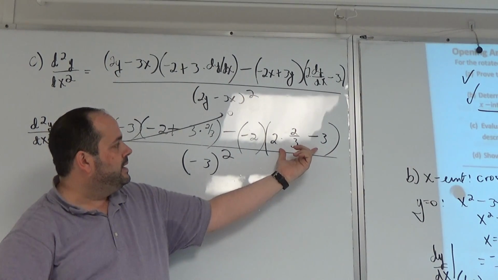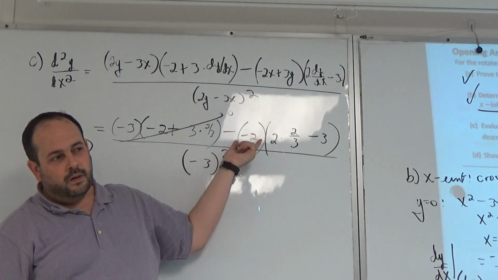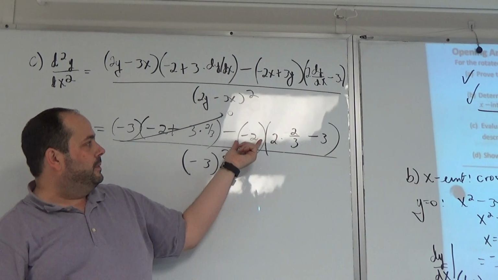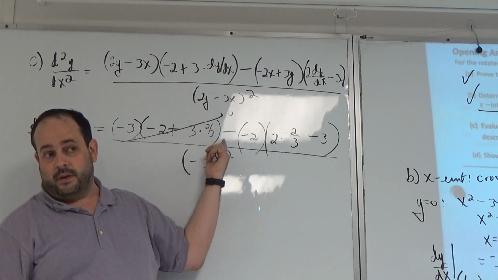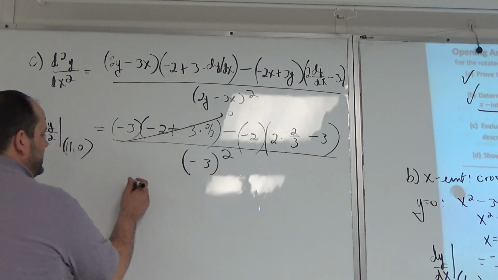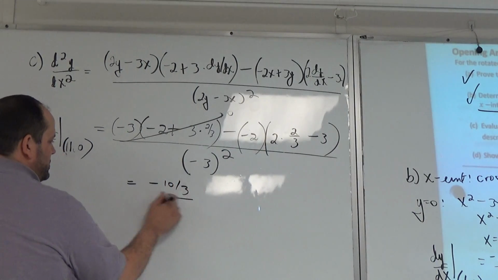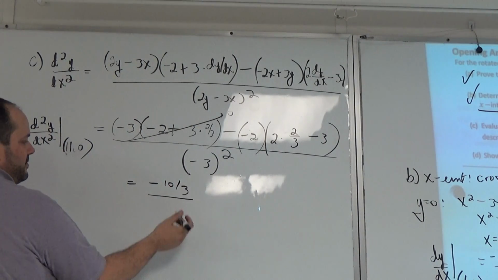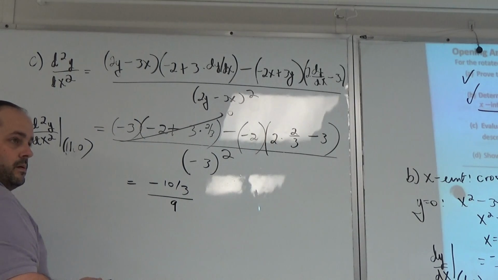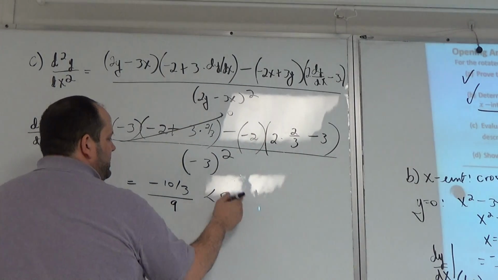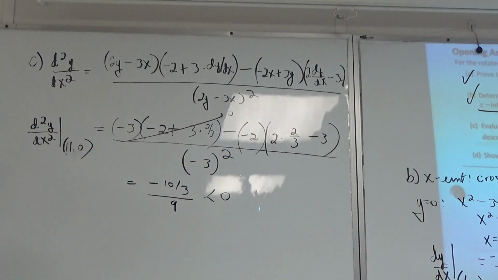We were going to get there. Times negative 2 is now a positive number. I've got a negative. Technically, I've got negative 10 thirds in the numerator. In the denominator, I've got negative 3 squared, which is 9. All I really care about is that that's negative. So my conclusion?